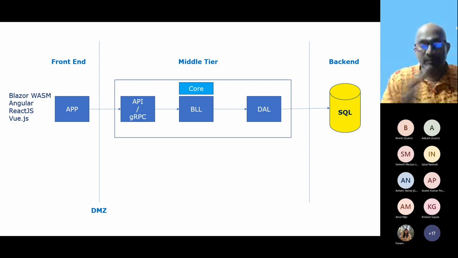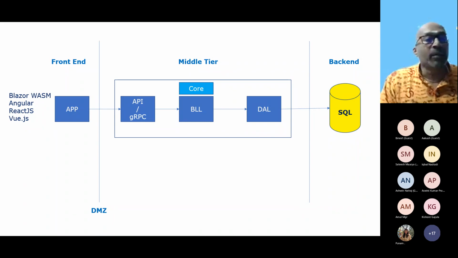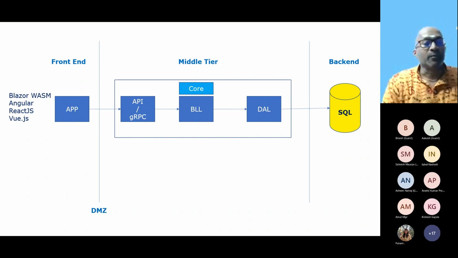One of them is layered architecture. You have a data access layer, a business logic layer, an application core. Either you can have gRPC or API, and that becomes a middle tier. And when it comes to the front end, you can have Blazor WASM, AngularJS, ReactJS, Vue.js, or plain HTML, CSS with fetch and axios. You can have that.